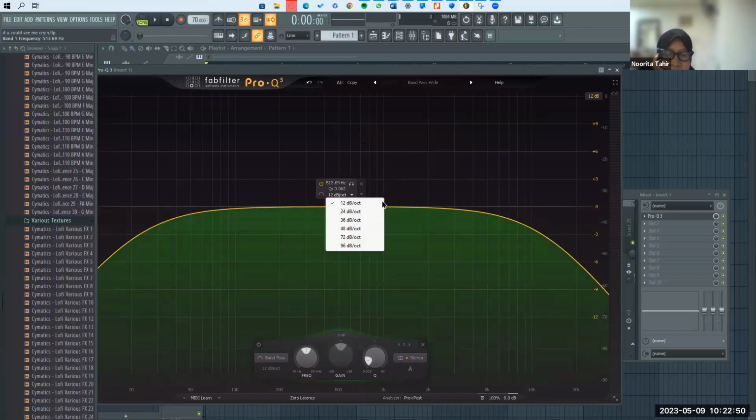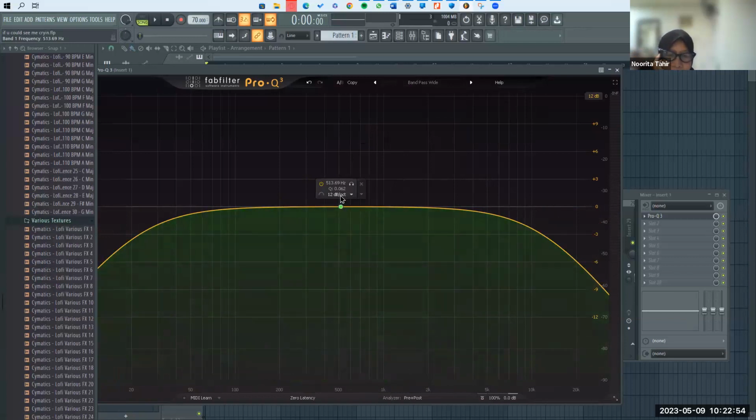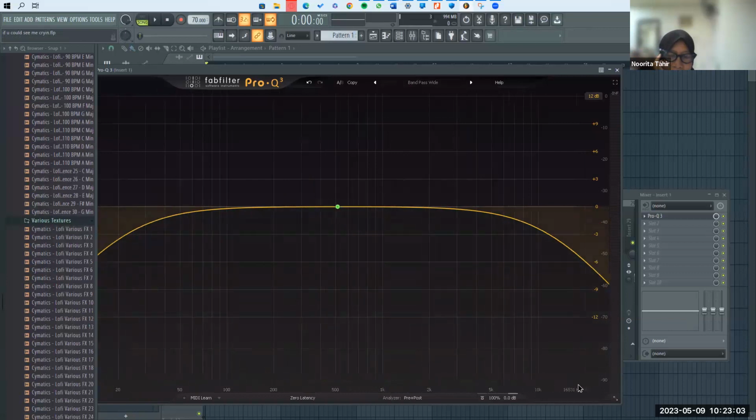Okay, if you go for this, what will happen to your sound? How do you confirm that your design fits your purpose?